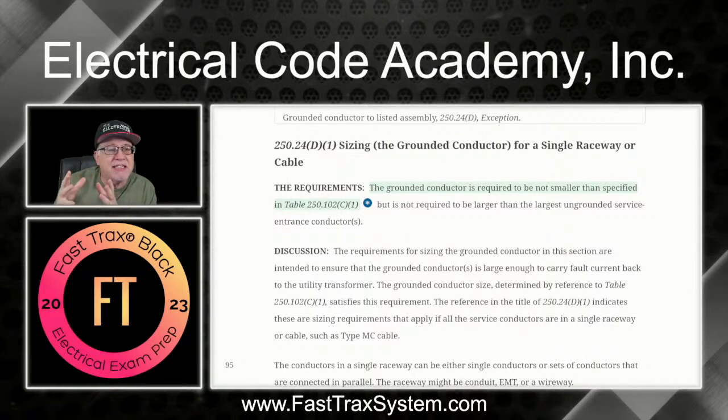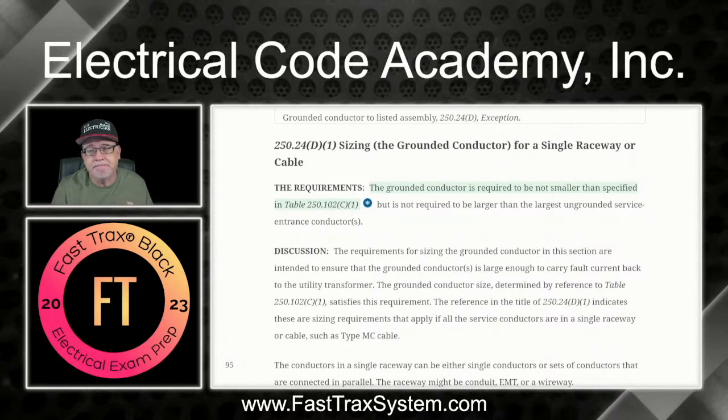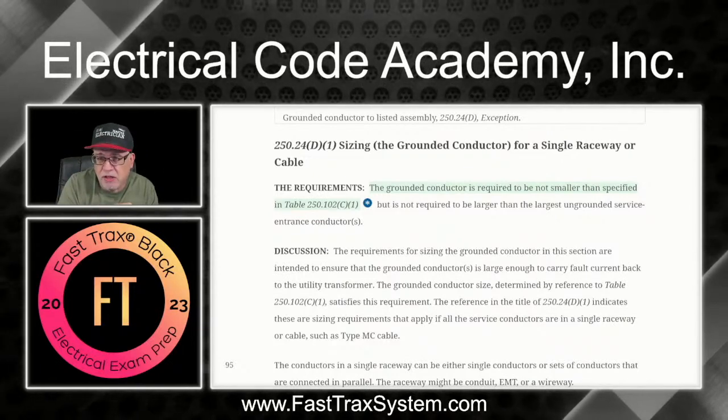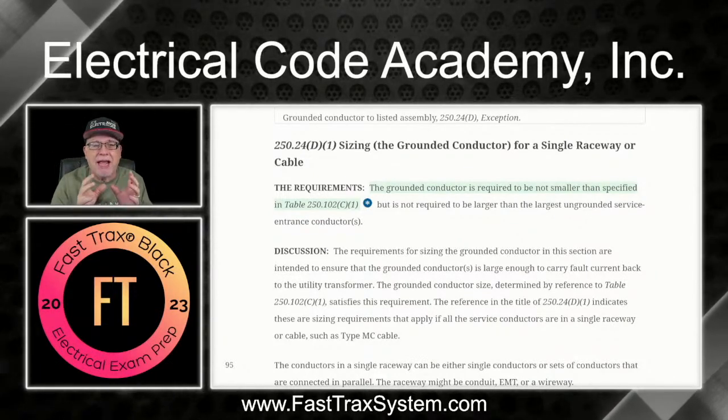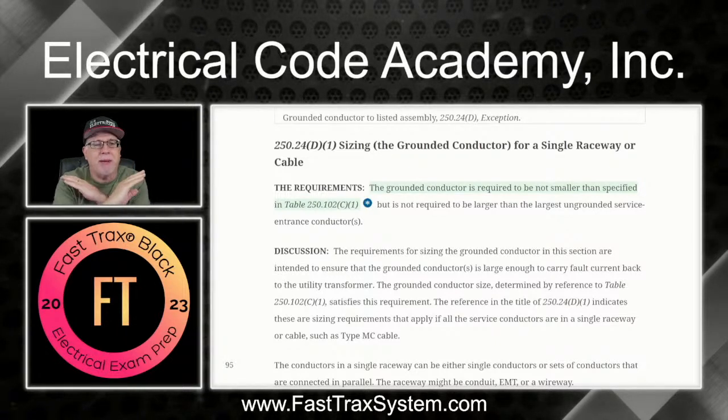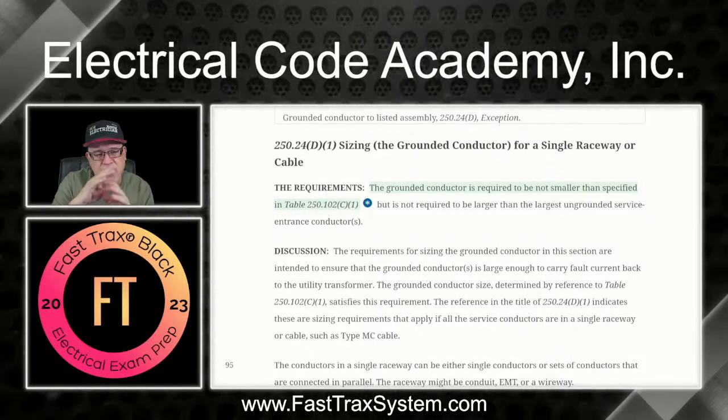If all of my conductors are running through it together in one raceway, then guess what? We're going to follow this rule here for sizing the grounded conductor as a minimum size. Later, we're going to be talking about what happens if I break this up into separate raceways. But right now, everything we're talking about is in one raceway or one wireway. And I'll show you some illustrations to hammer that home.